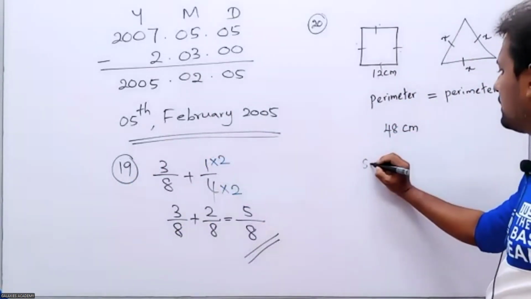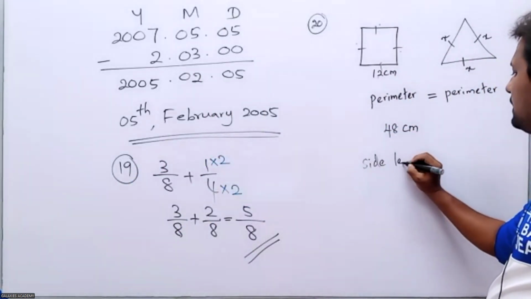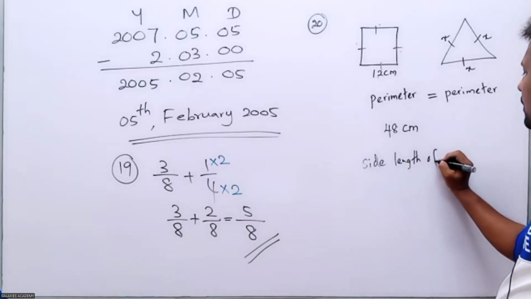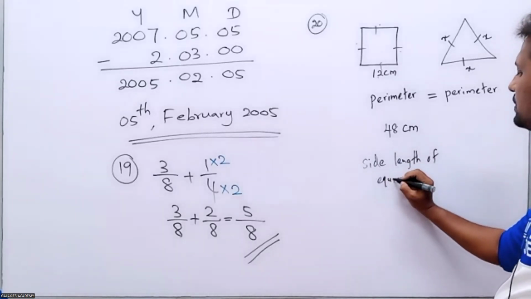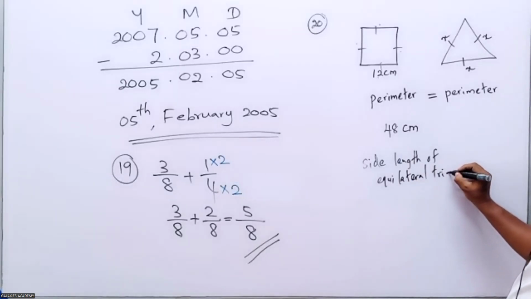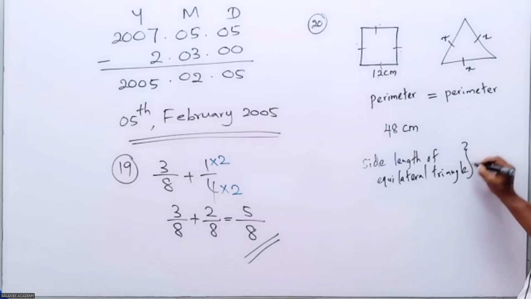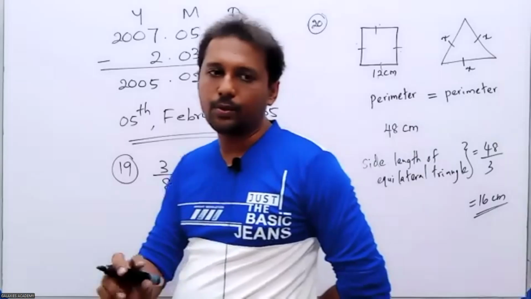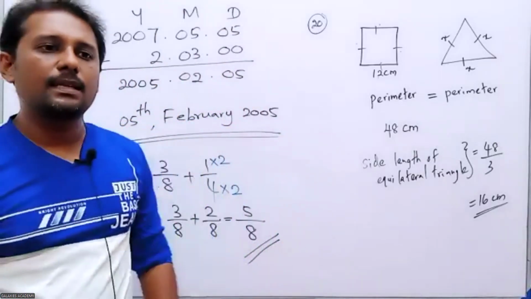So you can write side length of equilateral triangle. 48 we have to divide by 3. So what is the answer? 16 centimeters, right? The side length should be equal to 16 centimeters.